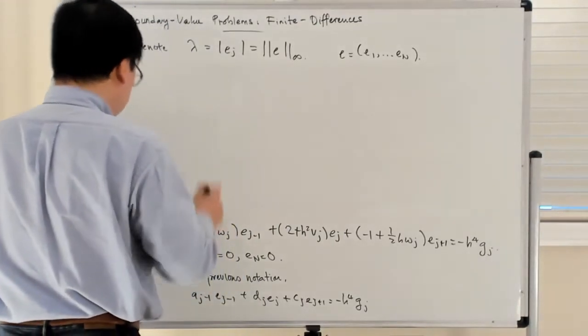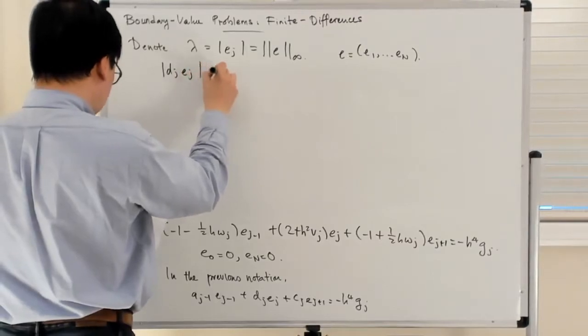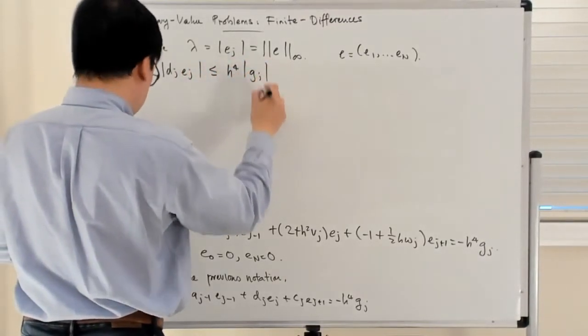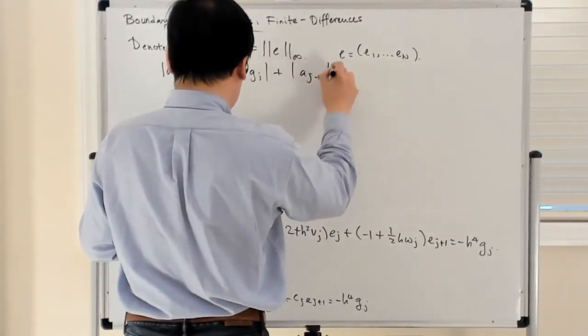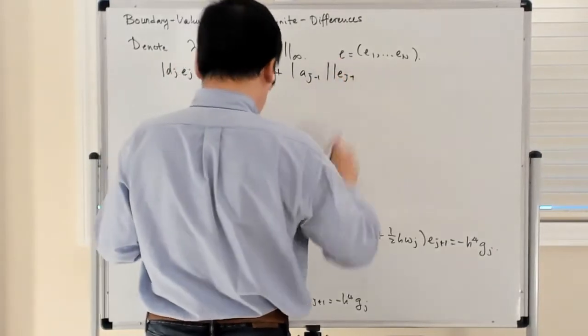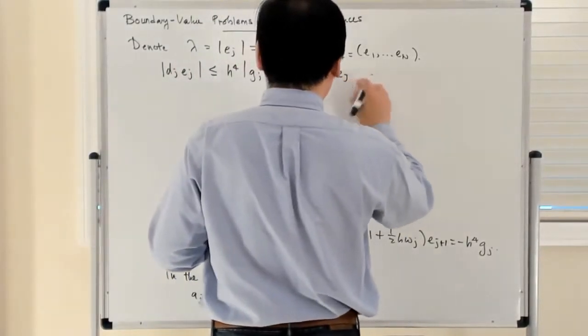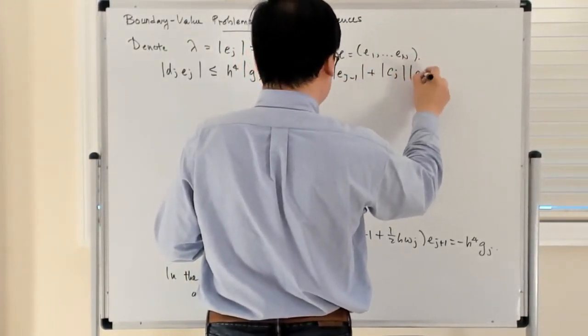All right, so you have that the absolute value of d_j e_j is less than or equal to h to the 4 times the absolute value of g_j plus the absolute value of a_{j-1} e_{j-1} plus c_j e_{j+1}.